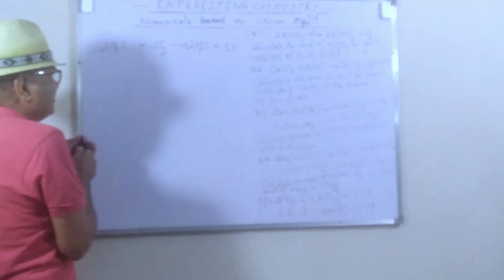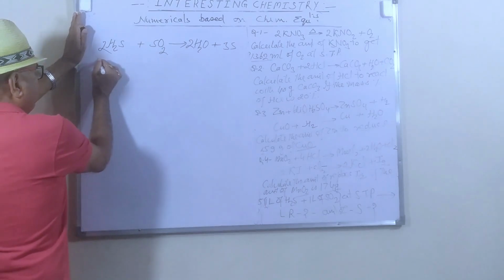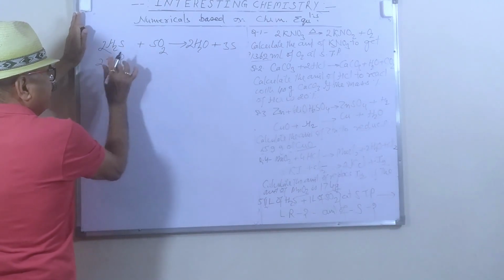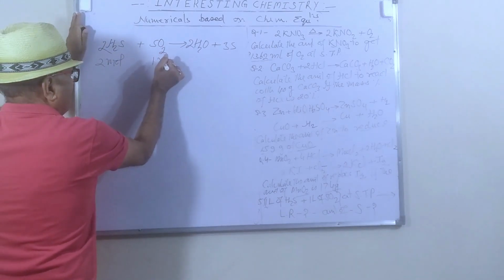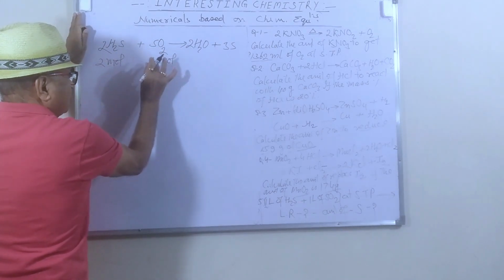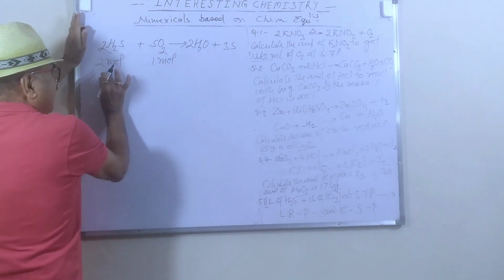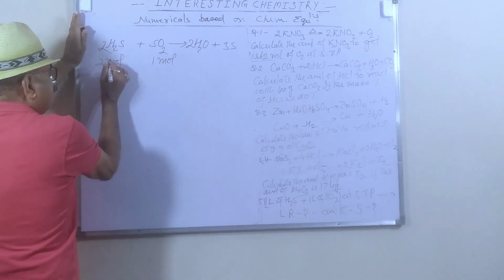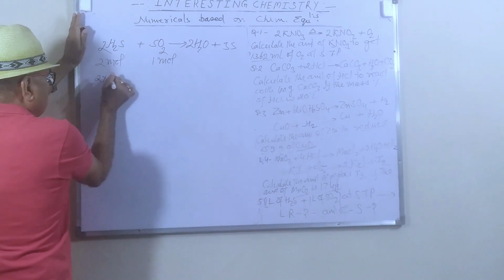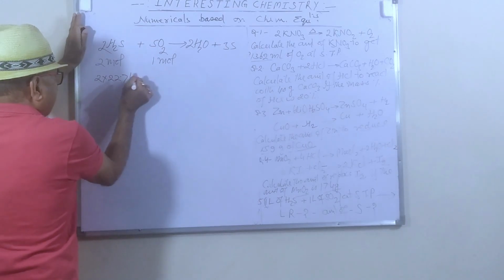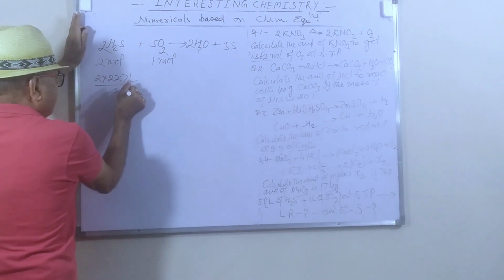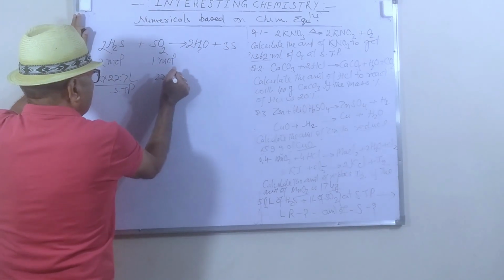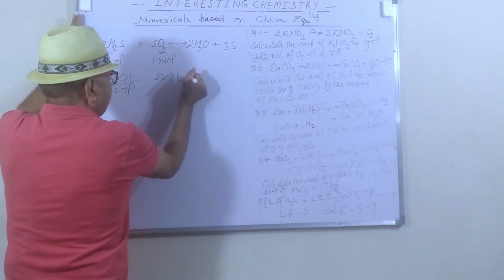So here in this case, 2 mole of H2S reacts with 1 mole of SO2. So the ratio of the volume, suppose you write here 2 into 22.7 liter at STP, and 1 into 22.7 liter at STP.